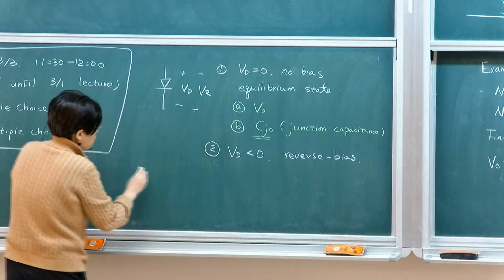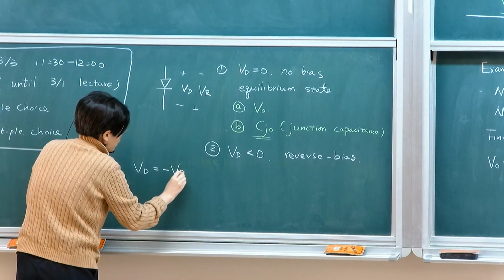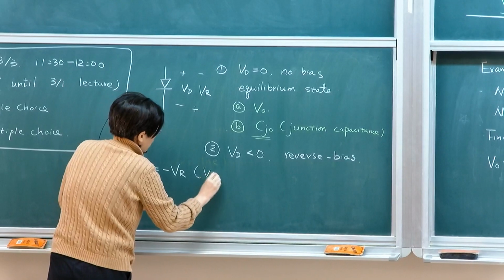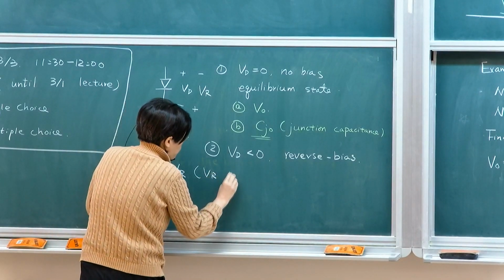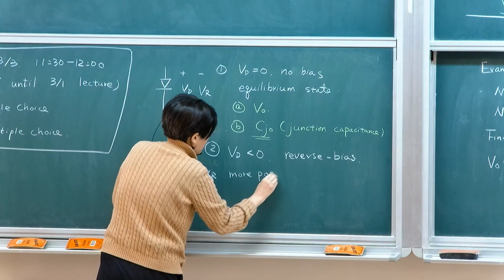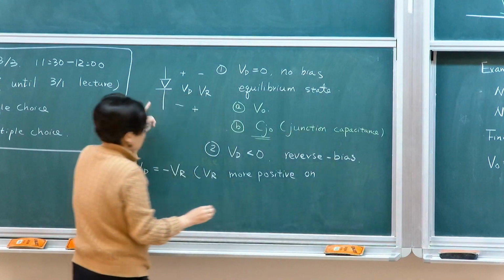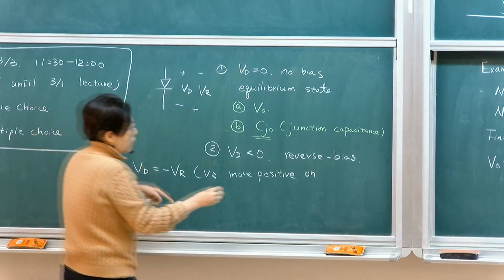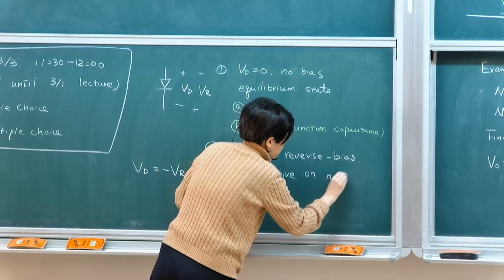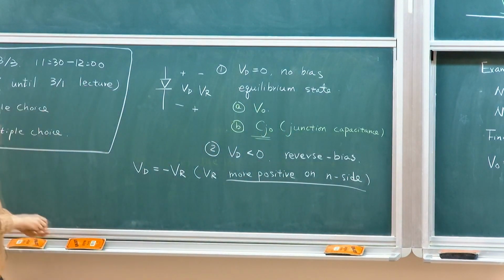You can assume that the voltage you apply, VD, equals minus VR, where VR is applied by making more positive which side? The N side, right? So how does it affect your border?